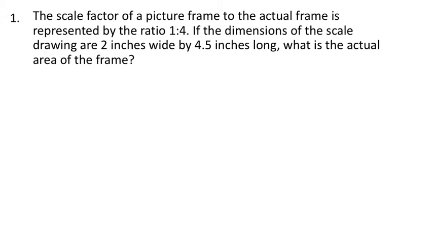Okay, so the first thing that I would do, I would take each of their measurements, which are the width and the length. I would take both of these numbers and multiply them times my scale factor of 4. So for the first one, I would have 2 times 4, which is 8.